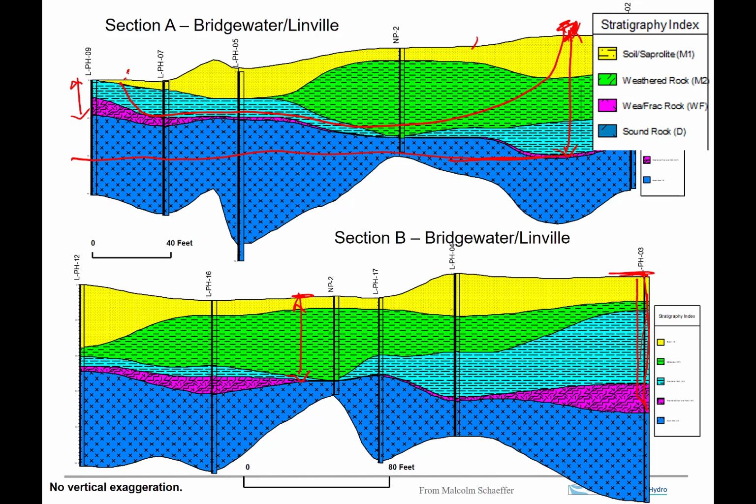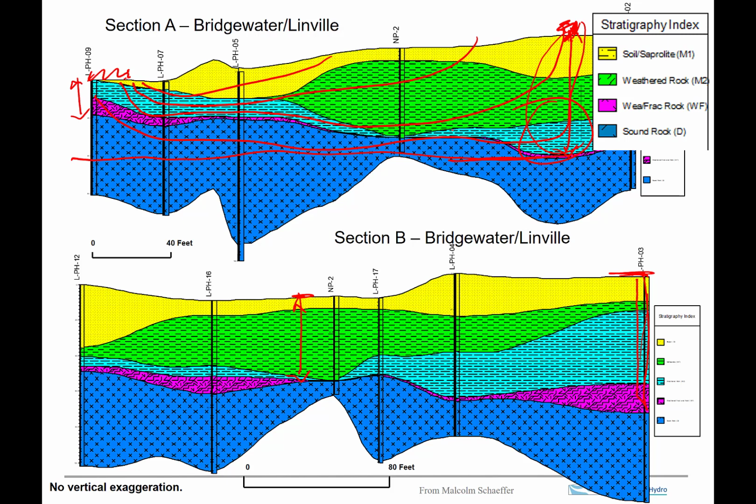If there was in fact a drainage down here, a stream, then you could imagine that this downward flow would cause additional weathering right here.